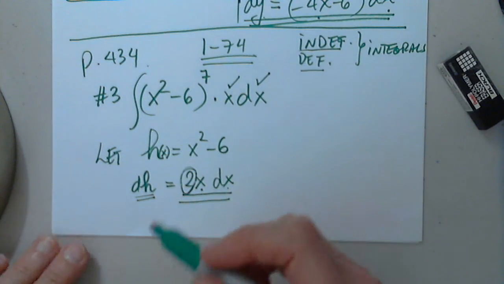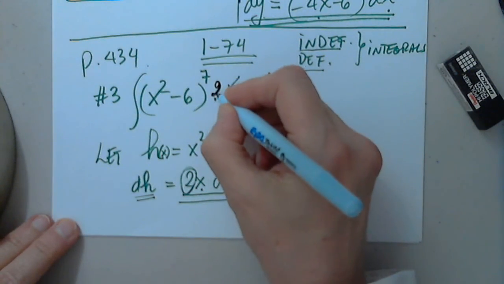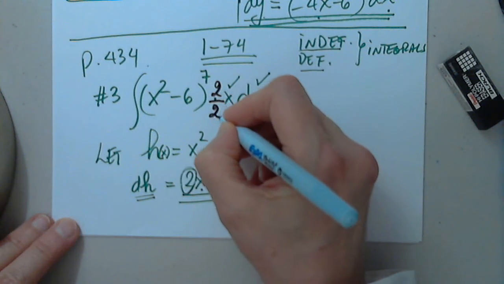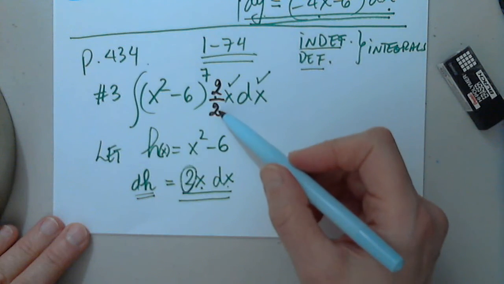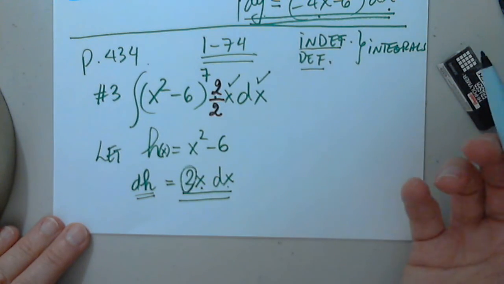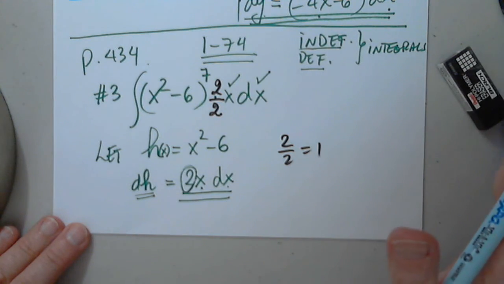Not a problem. Here's what I'm going to do. I am going to multiply by 2 and divide by 2. What does this mean? Nothing. 2 divided by 2 is 1. I didn't make any change.